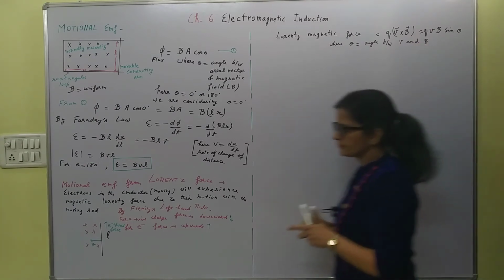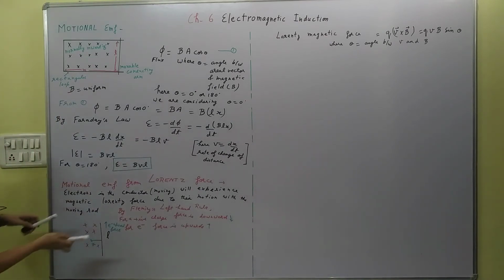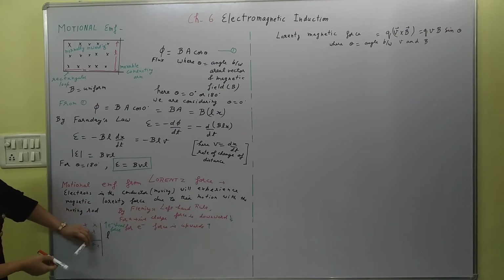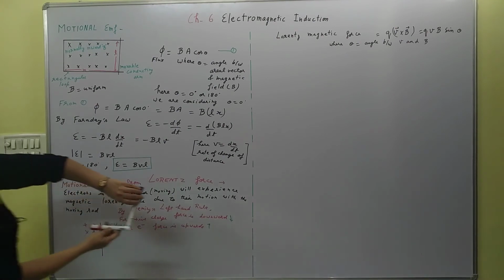Now look at the diagram now. What is velocity? Velocity is this way, magnetic field is this way. So what is the angle? Magnetic field is inwards, velocity is this way. What is the angle? Angle is 90 degree.